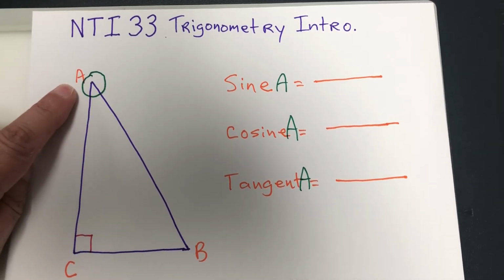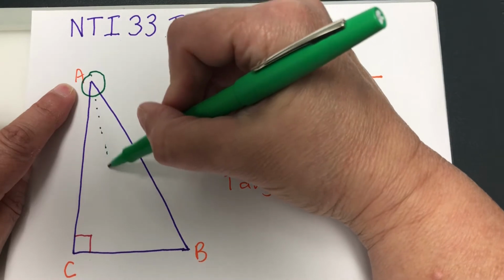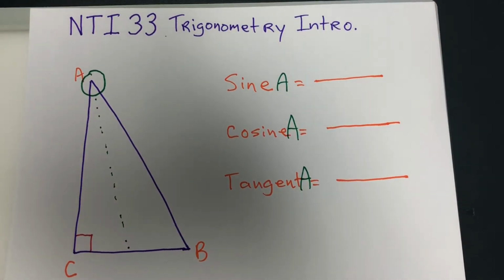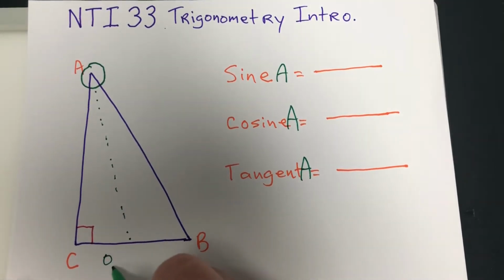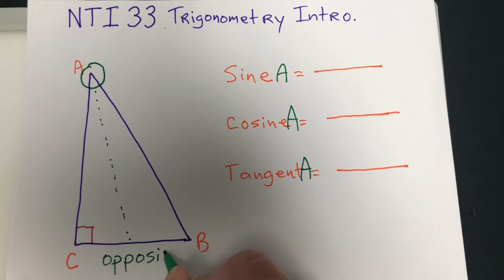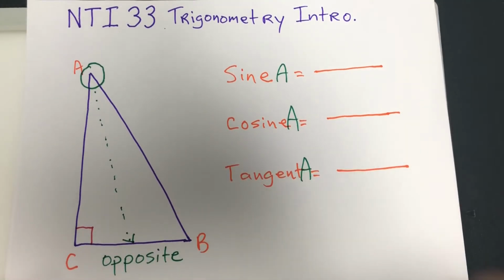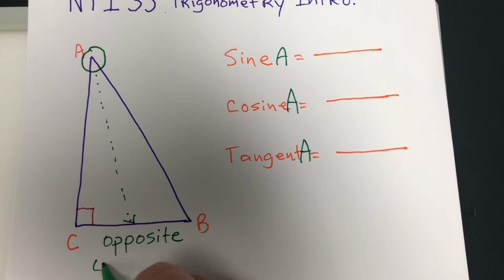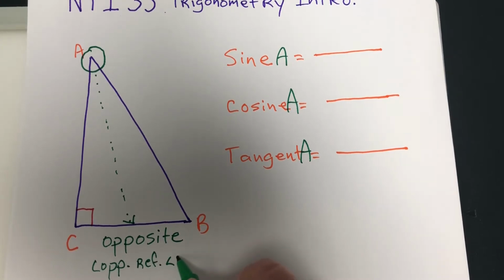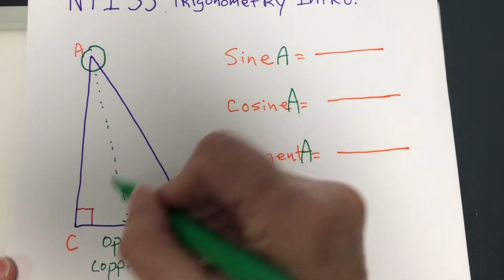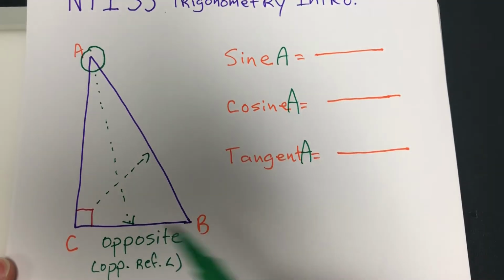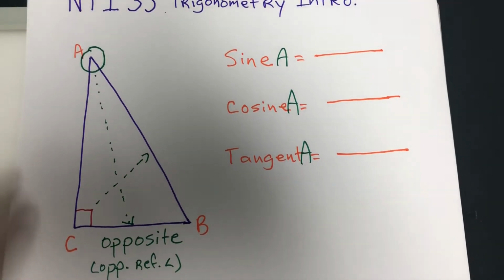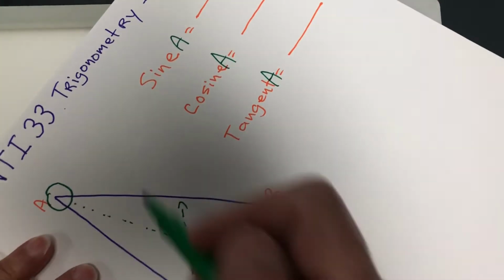If A is my reference angle, the side opposite of A is referred to as my opposite side, because it is opposite the reference angle. And then the hypotenuse, as always, is the side that is opposite the right angle.